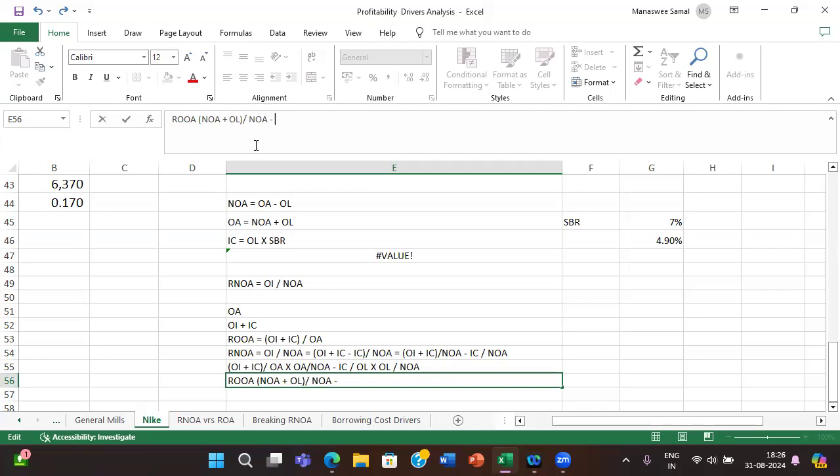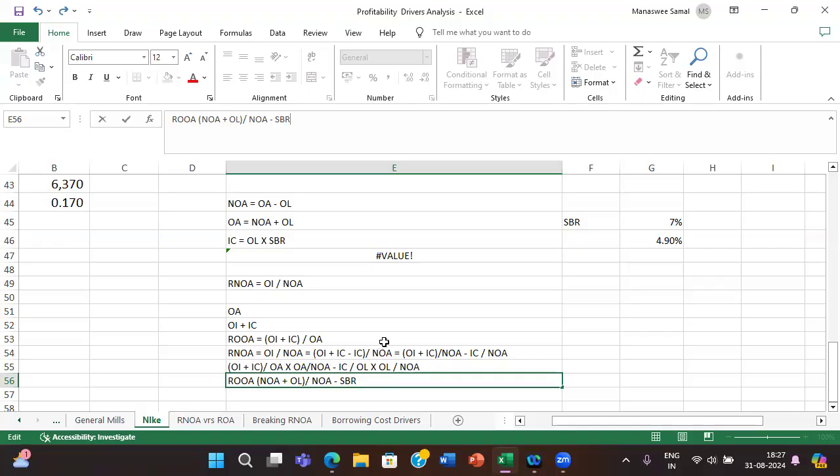Then don't you think you had got that implicit cost IC by multiplying SBR with OL? So if this component is implicit cost by OL, it is SBR, right? Therefore, I'm just putting SBR. This component I'm talking about now, IC by OL, is equal to SBR. Why?